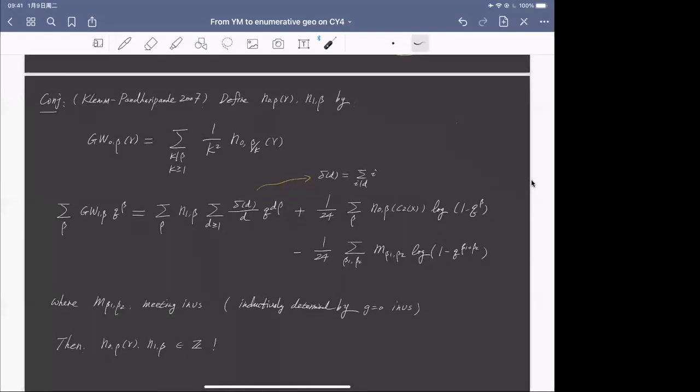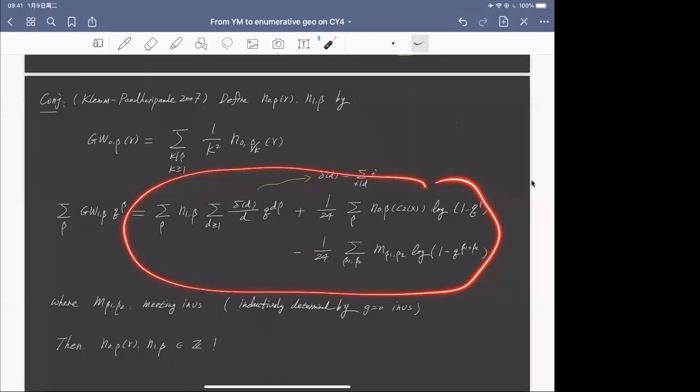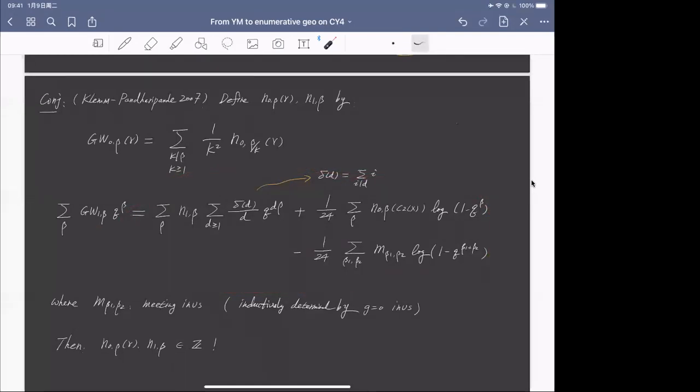It's quite amazing, because you see that Gromov-Witten invariants are rational numbers, and there are some complicated rational numbers which may appear here if you do these expansions. So it's interesting to understand this conjecture.